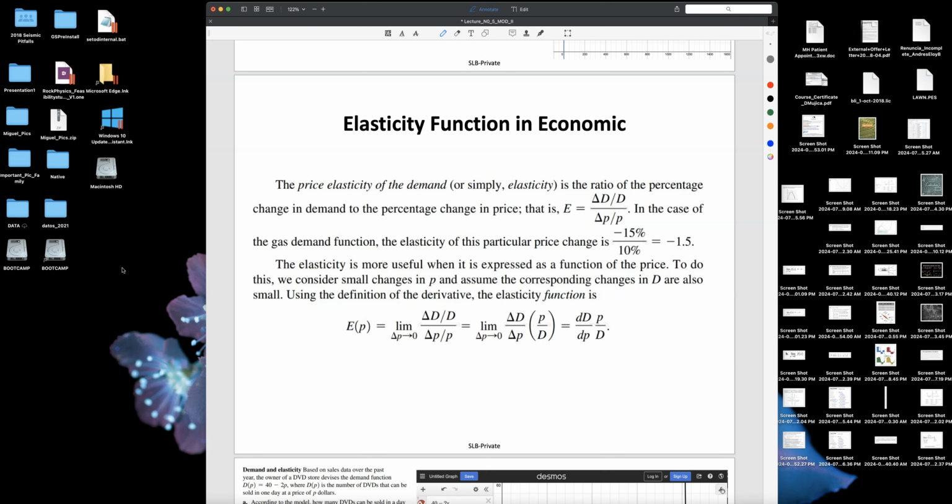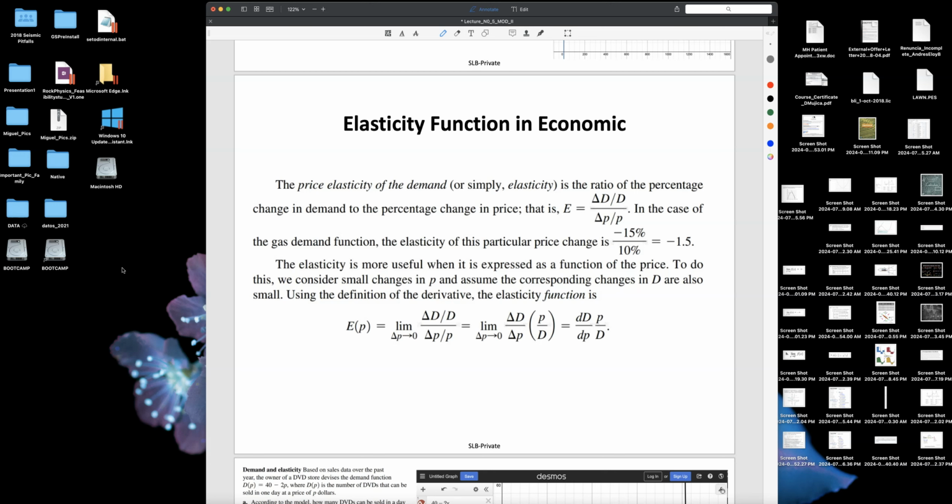In this case, elasticity refers to the percentage change of a demand in the market of some items with respect to the changes in the prices of those items.